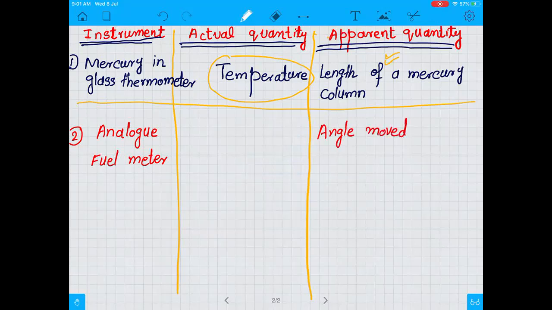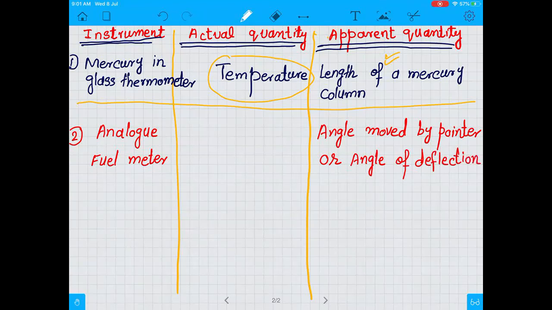All the analog instruments will always have an apparent quantity, that is angle moved by the pointer or the angle of deflection. While on the other hand, the actual quantity would be, for analog fuel meter, the volume of the fuel.